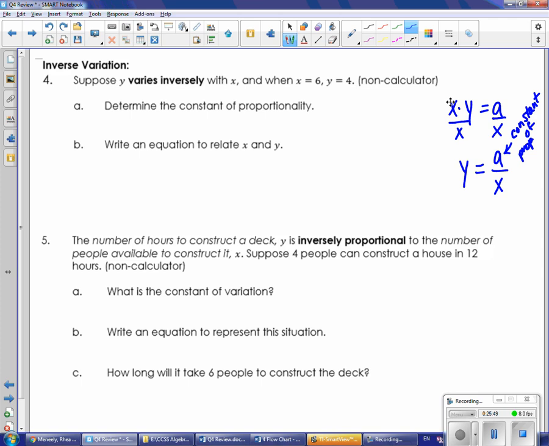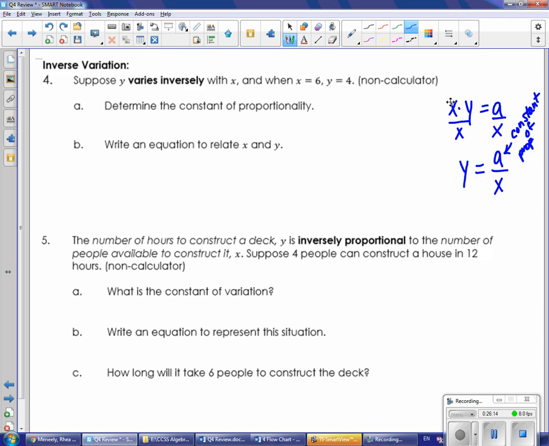So if I were to increase the value of x, imagine what would happen as I keep dividing by a larger and larger number, it's actually going to make that quantity smaller. So as x gets bigger, y is going to get smaller. And vice versa, as x gets smaller, y is going to get bigger. And that's what we mean by varying inversely, or inversely proportional. Sometimes you'll see it written both ways.